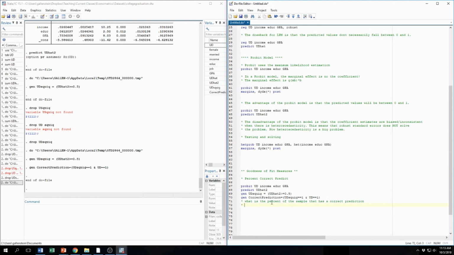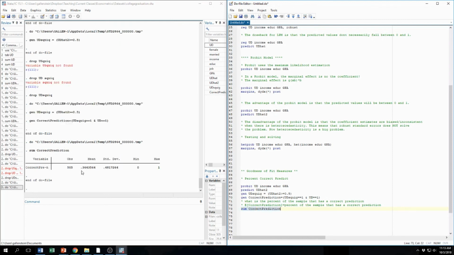So the expected value of correct prediction equals the percent of the sample that has a correct prediction. So let's just sum correct prediction. And the higher this average is, the better. All right, correct prediction, 36%. Only 36% of the sample has a correct prediction.